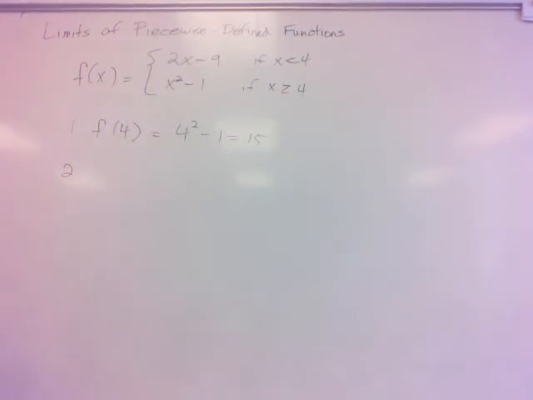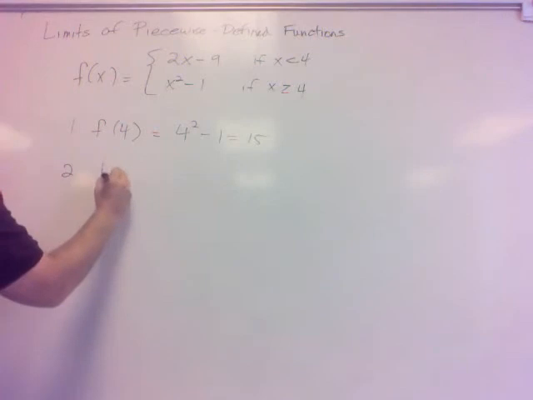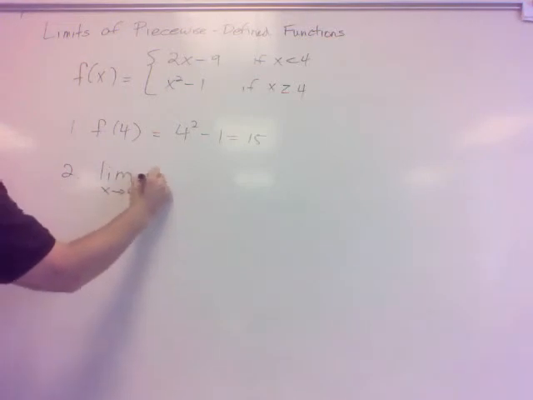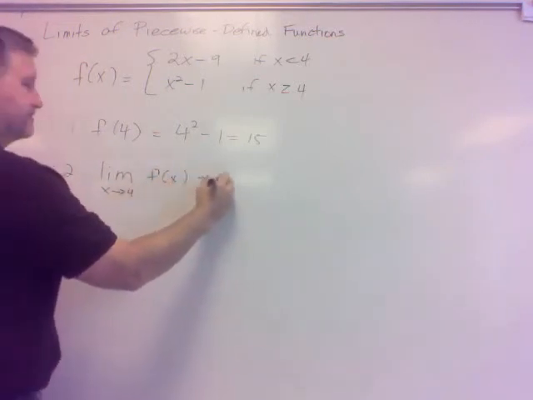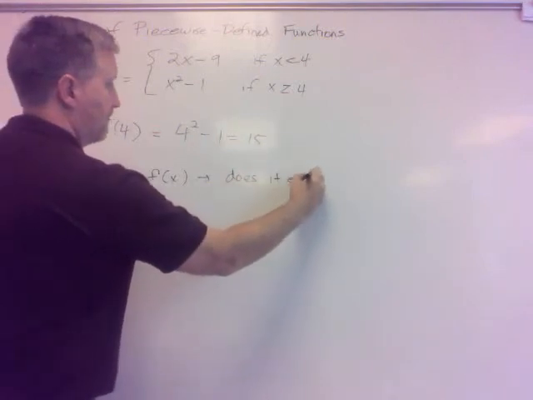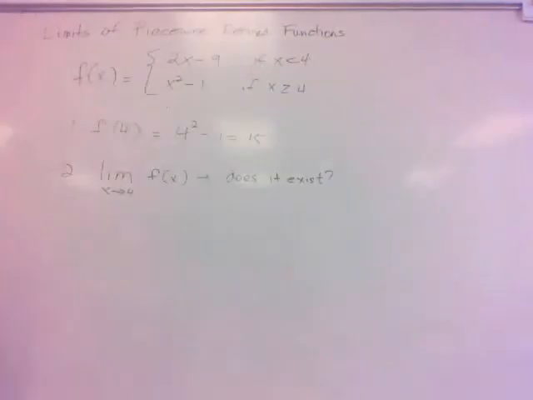But really the idea we're looking at is limits, not the actual function value at 4. The real question here that I want to get to is the limit as x approaches 4 of f of x. Does it exist? Is it 15?